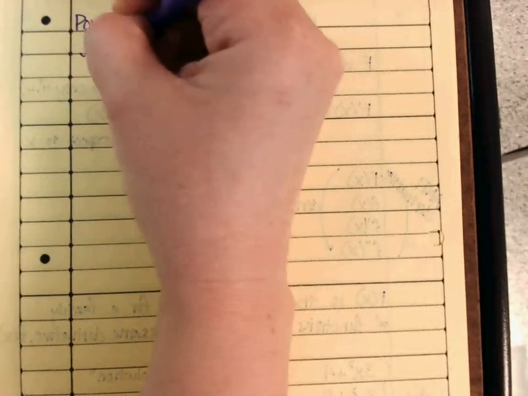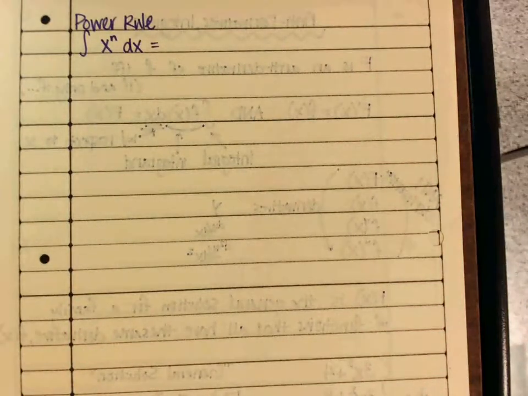Okay, if I wanted to do that backwards, instead of taking away 1 from the power, I'm going to add 1. So if you want the integral, this is going to be the power rule, if you want to label it in your notes, of x to the n dx, you are going to add 1 to the power.